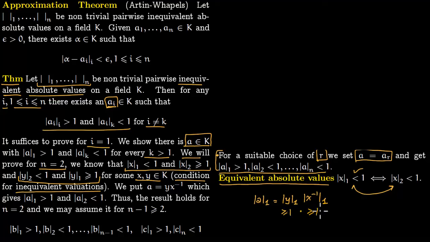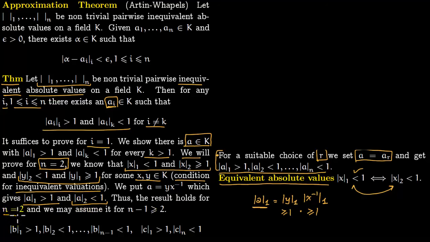You multiply two values greater or equal to 1, you get this greater than 1. Similarly, the other way around, the second valuation would be less than 1. So we have been able to show that the result holds for n equals 2. If you take two absolute values which are inequivalent to each other, we do get the absolute value of a with respect to 1 greater than 1, and the absolute value with respect to 2 less than 1.